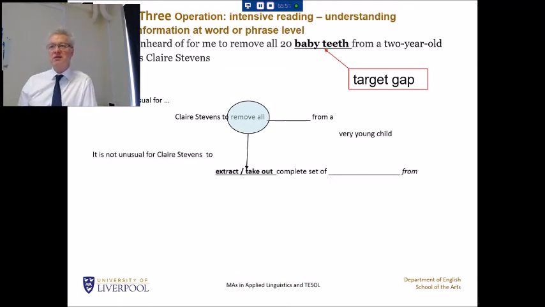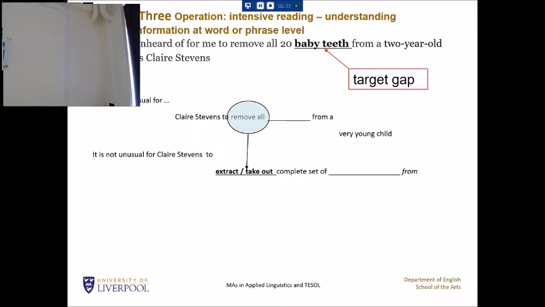Which is better, take out or extract? Oh, mixed opinion. I think take out's better. Can you read my mind? Why? Which has, in everyday language, from your own feeling, which one is more frequent or more likely to be familiar with the candidates? Take out, okay, take out.